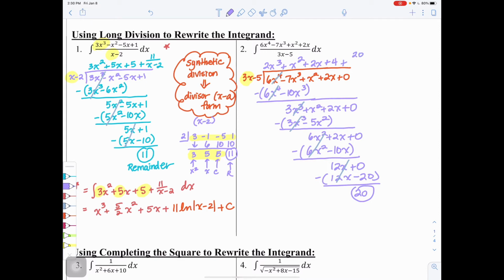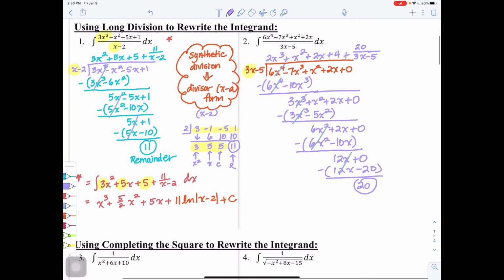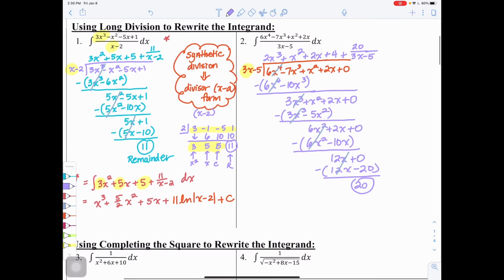Plus 20 over that divisor, 3x minus 5. Okay? Let's go ahead and integrate. So I'm going to rewrite this integral right here.